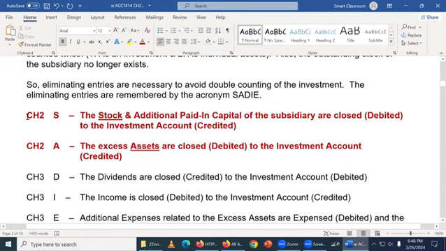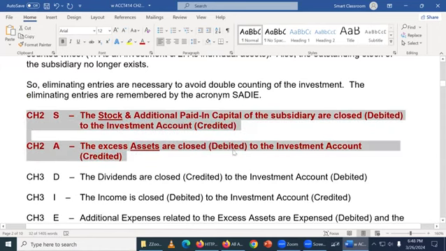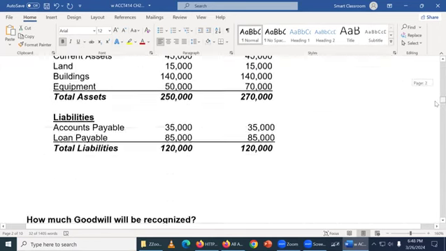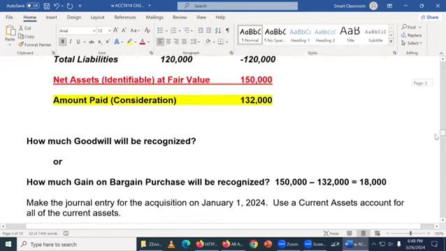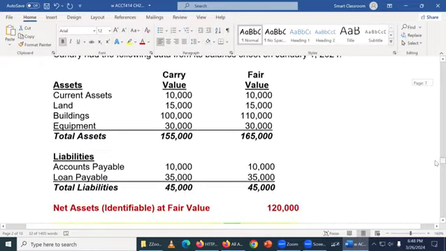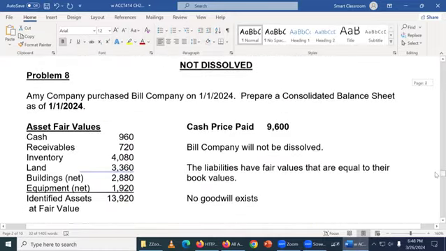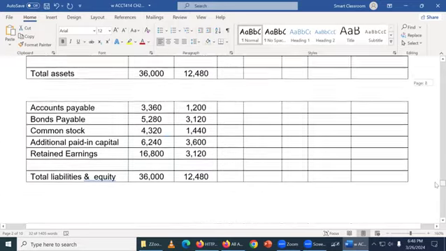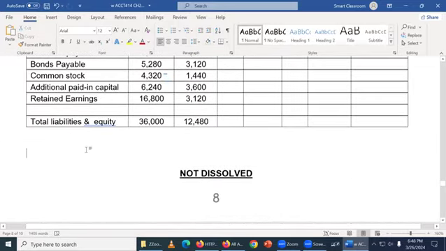So I'm gonna copy these. I'm gonna bring these down with us. I'll put them down here.